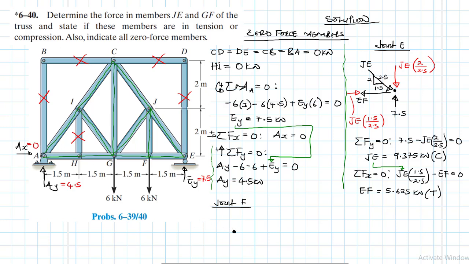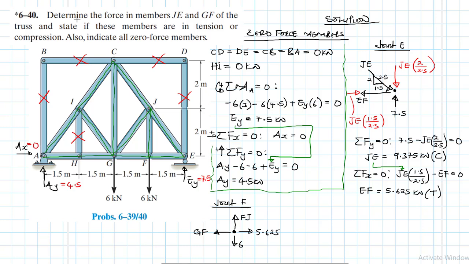So joint F, what do we have? We have an applied force of 6 kilonewtons. And then we have EF in tension, and we found it as 5.625. And then this other force that we are calling GF is unknown, and then there is another unknown going up that we are going to call FJ.